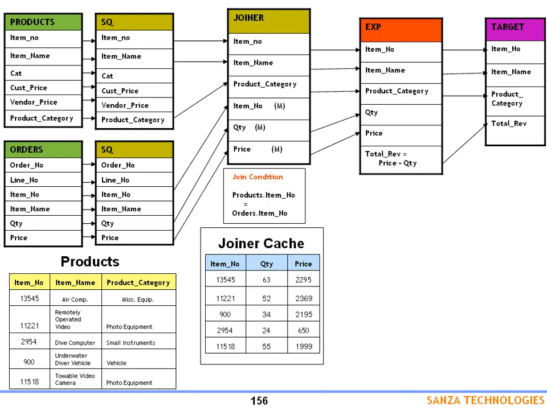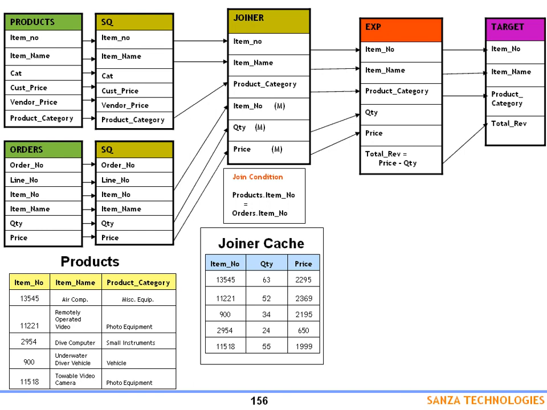In your case, we are putting orders data into the cache. Informatica will extract the data from both the sources, but one source of data, row by row, it will put into the joiner cache, memory allocated at runtime.